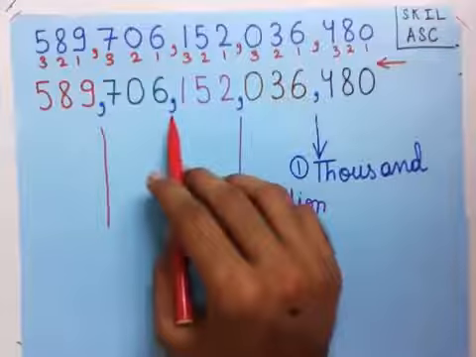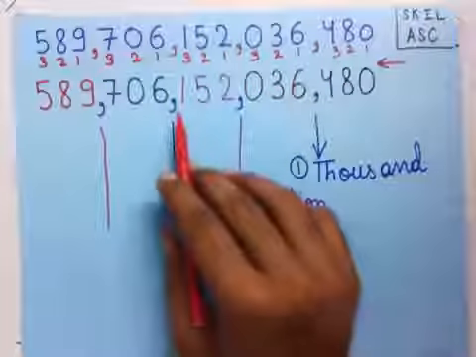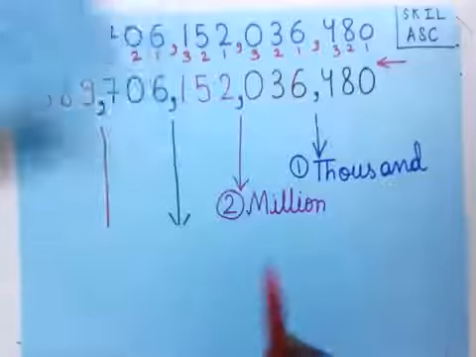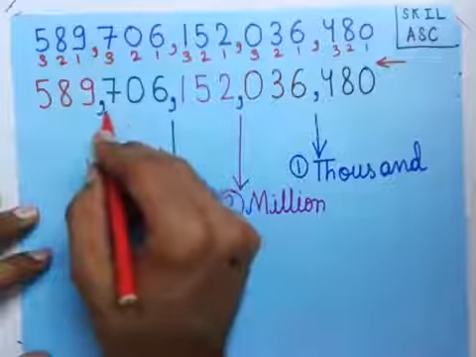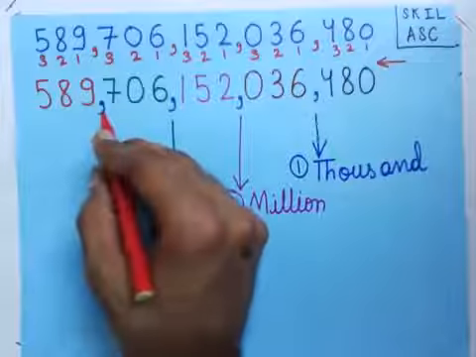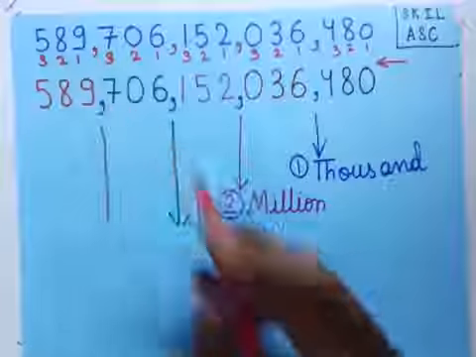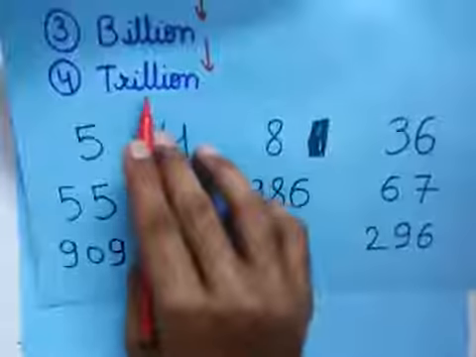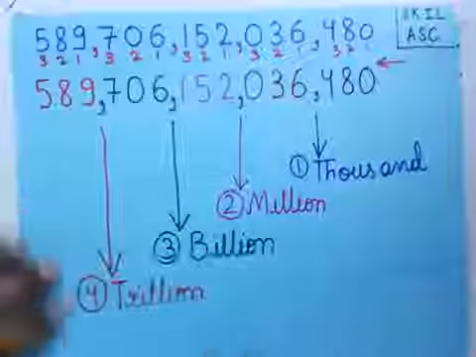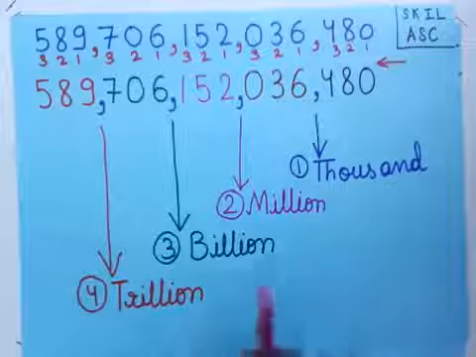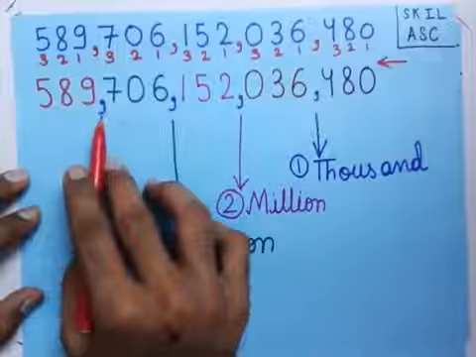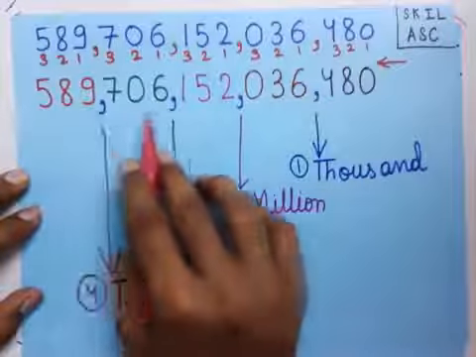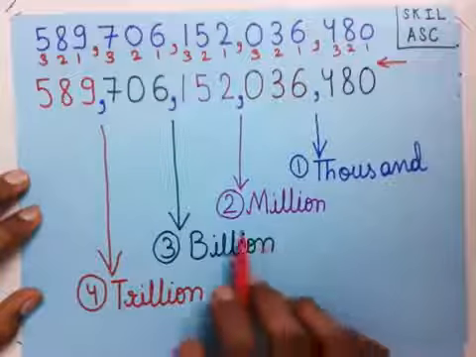Now we go ahead, and this is the third comma. Under this third comma we put the third word, billion. Now we go ahead, and this is the fourth comma. Under this fourth comma we put the fourth word, trillion. Now you must remember that whenever you reach these commas, you will read these commas as these words.